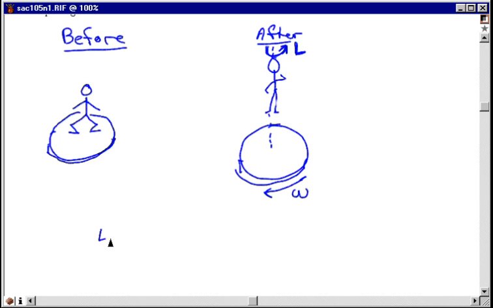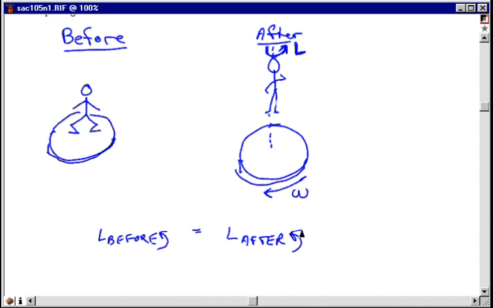I'll write L before equals L after. This represents the total angular momentum before and the total angular momentum after, and I'm going to specify what I mean by a positive angular momentum: counterclockwise as viewed from above.